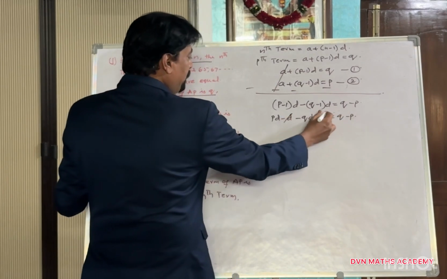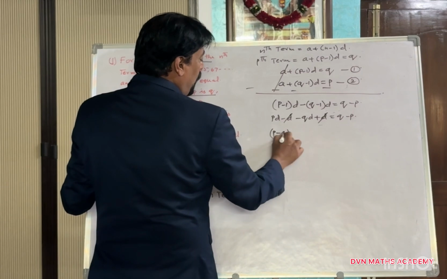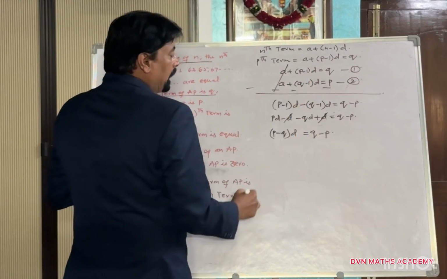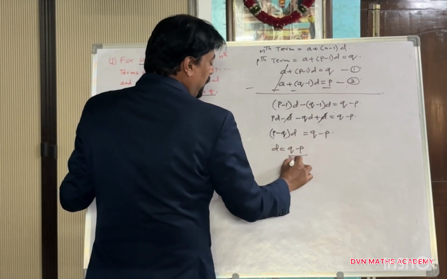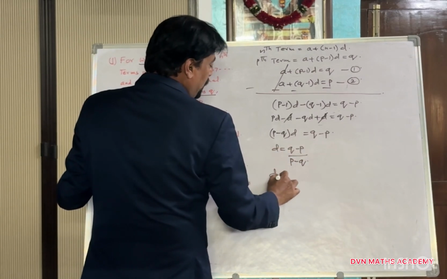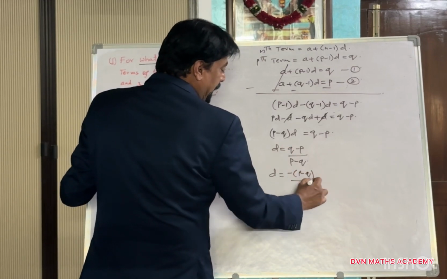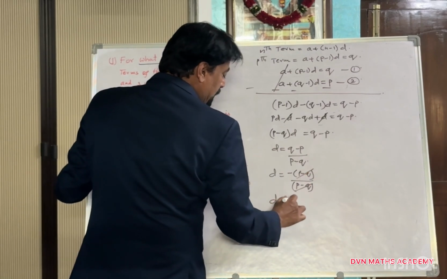Now minus d and plus d cancel. If you make d common, p minus q of d is equal to q minus p. Now d is equal to q minus p by p minus q. If I make minus common here, this becomes p minus q by p minus q, so both cancel. Therefore, d is equal to minus 1.